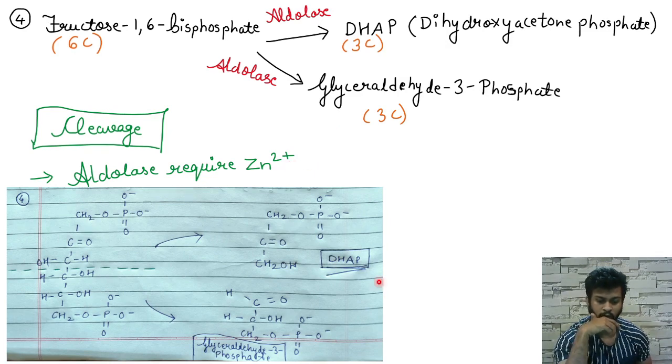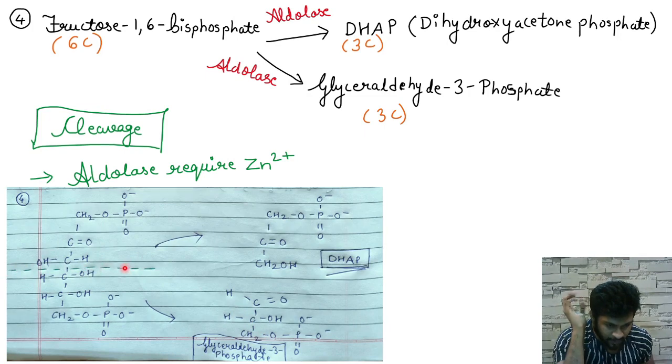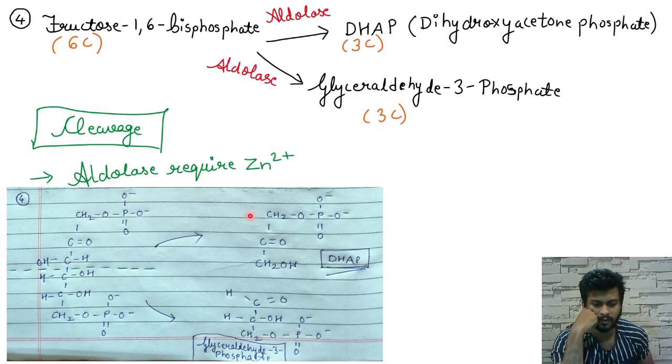Even if you don't remember the DHAP and glyceraldehyde 3-phosphate structures separately, you can observe that from fructose 1,6-bisphosphate, if we split it from the middle, that is after the third carbon, and you write down the upper half as it is, you will get the structure of dihydroxyacetone phosphate, that is DHAP.